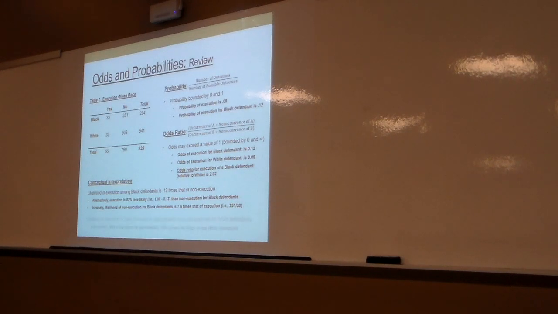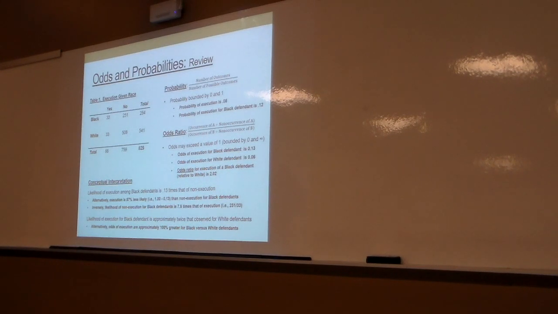So here we're just interpreting odds, but if we start talking about odds ratios, we're talking about one odds versus another odds. And so here we might say we calculate the odds ratio of execution for a black defendant is 2.02, right?